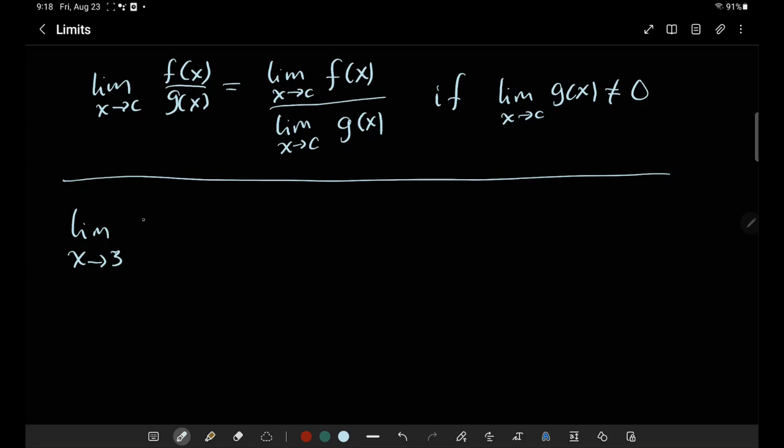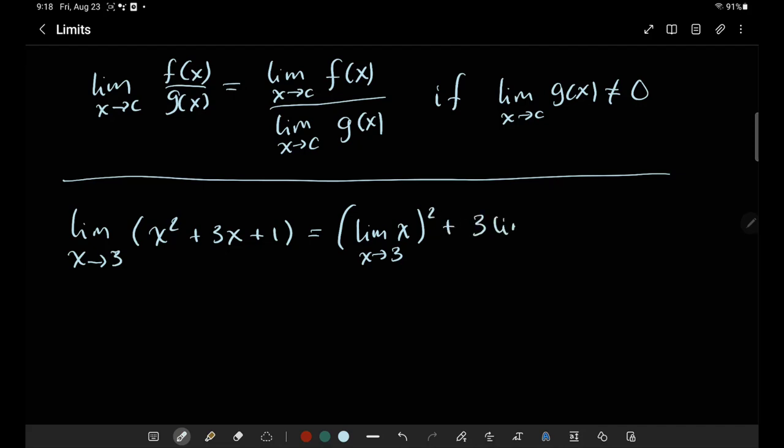What does that mean? If I have, for example, a polynomial where you don't have any problems just plugging in your value of x, in that case, if you follow the rules I gave you that I wrote above, then this would break down, and I'm going to do it in quite a summarized way, to just being the limit as x goes to 3 of x squared plus 3 times the limit as x goes to 3 of x, so basically just moving the limit inside of every operation, plus the limit as x goes to 3 of 1.